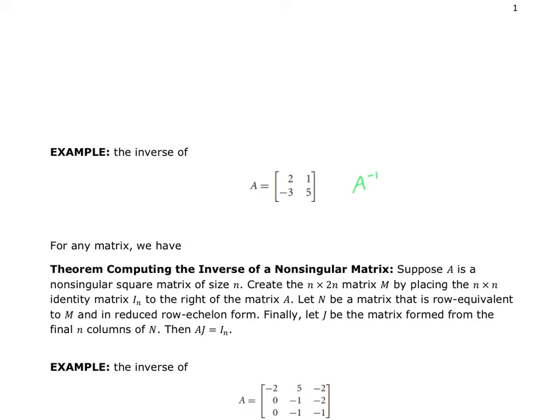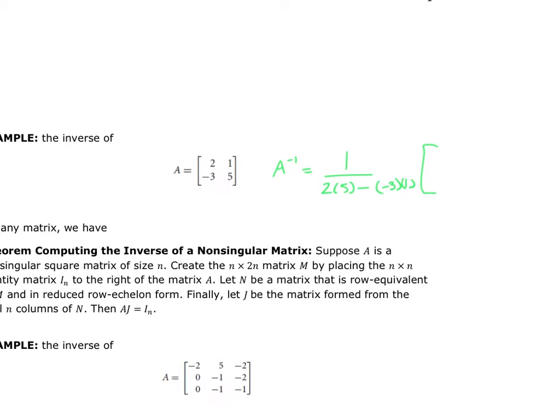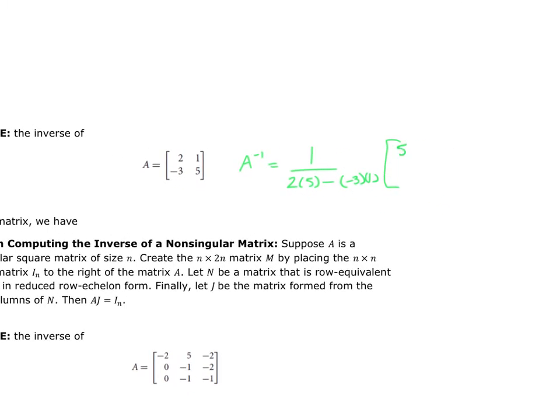So A inverse is equal to 1 over 2 multiplied by 5, minus negative 3 multiplied by 1, and then my matrix is going to go 5 in the upper left, 2 in the lower right. This becomes negative 1, this becomes positive 3. So this is equal to 1 over, 2 times 5 is 10, plus 3 is 13, times the matrix 5, negative 1, 3, and 2.